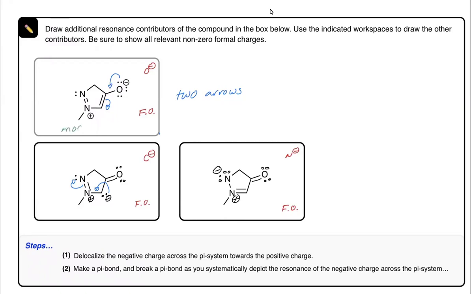So if we had to argue, we'd probably say that the most stable contributor is this one here where the oxygen's negative, as it's more electronegative than the carbon and the nitrogen. The second most stable would be the one with the nitrogen negative, since nitrogen is more electronegative than the carbon. And of the three, the least stable would be having the carbon negative, as it's the least electronegative atom.